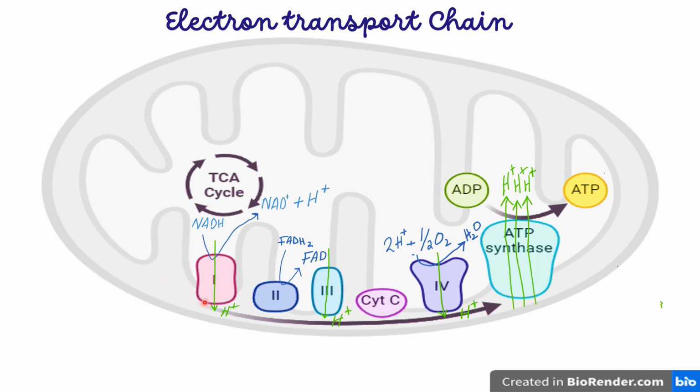NADH will be converted into NAD+, and hydrogen will be expelled out of the mitochondrial matrix into the intermembrane space, and from there complex 2, FADH2 will be utilized and converted into FAD, and then in the next complex 3, hydrogen will be pumped out of the mitochondrial matrix into this intermembrane space.